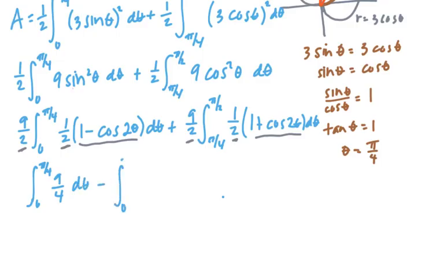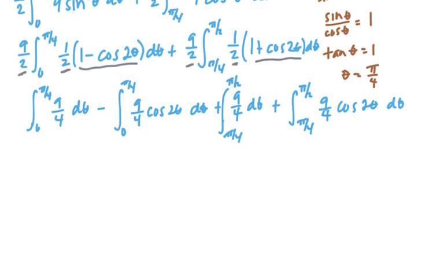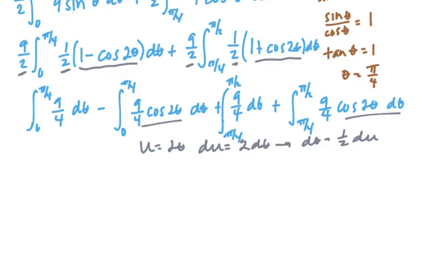minus the integration from 0 to pi over 4, and we have 9 over 4 cosine of 2 theta d theta, plus 9 over 4, the integration from pi over 4 to pi over 2, d theta, plus the integration from pi over 4 to pi over 2, 9 over 4 cosine 2 theta d theta. Now we're going to use the same u for both of these. Let's let u equal 2 theta, so du then is 2 d theta, which means that d theta equals 1/2 du for this term and for this term.